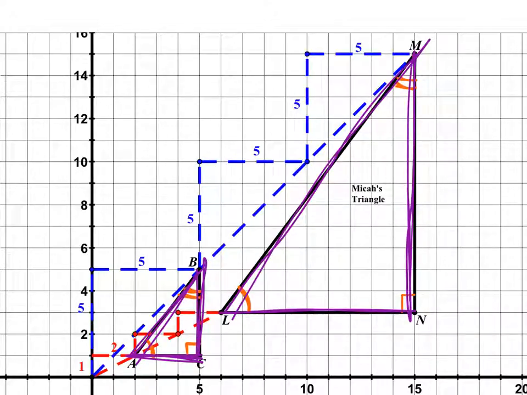So to show this one, they've kind of already given you the dashed lines right here. This one in kind of a light purple goes through the origin, which Micah used as the center of dilation, through B, and then up here through M. And then it also goes from the center of dilation to A, and then also to L, which shows that those two corresponding vertices are on the same line as the center of dilation.